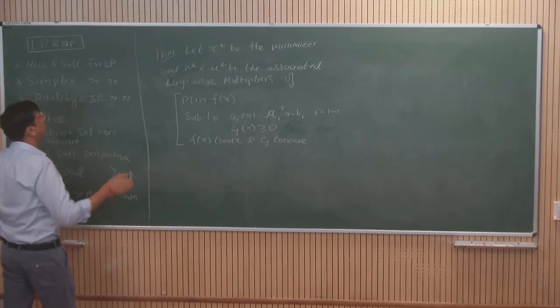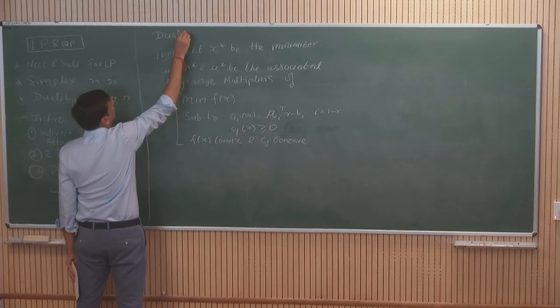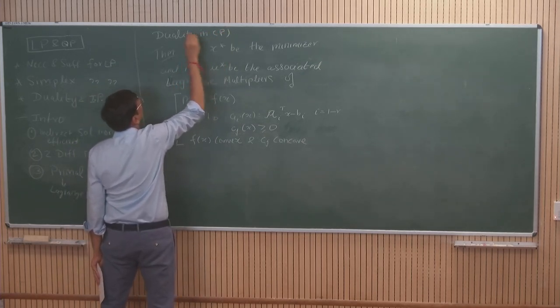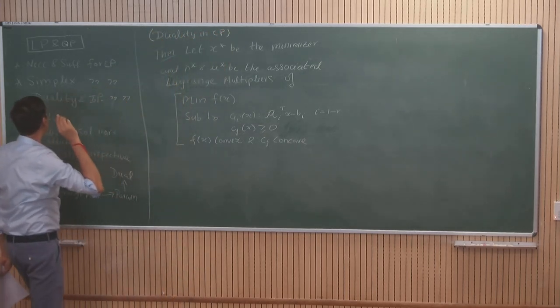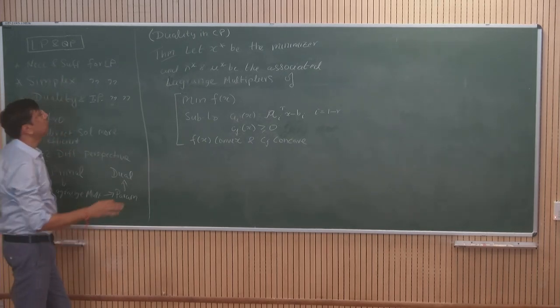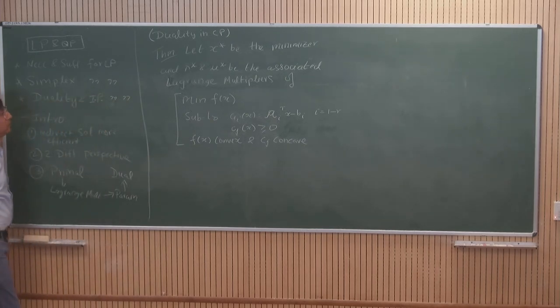So we'll first write a theorem. This is duality in convex programming. This theorem is for CP. Although we are in the linear programming section until this point, but we are generalizing this to a convex program because a linear program is always a convex program.